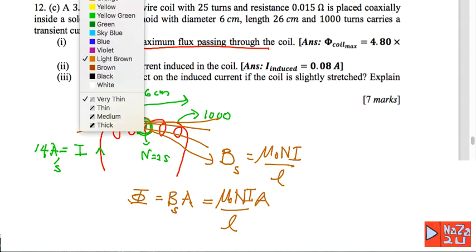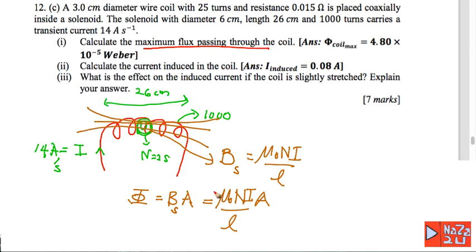So the value of mu naught is a constant, 4 pi times 10 exponent minus 7, and the number of turns of solenoid is 1000, right? And the current flow is equal to 14, and the length of the solenoid is 26, meaning converted to meters is 26 times 10 power of minus 2.